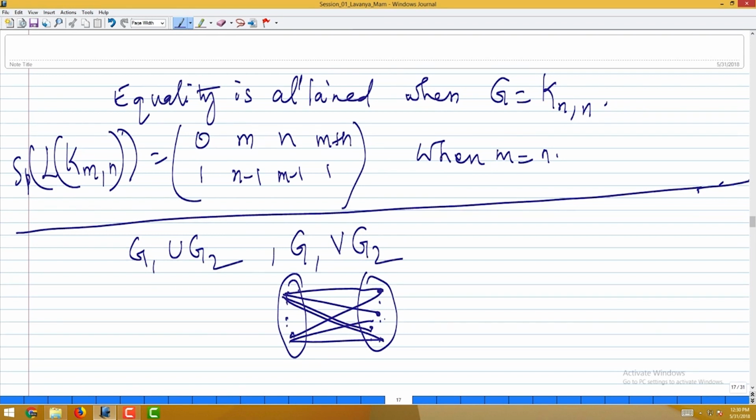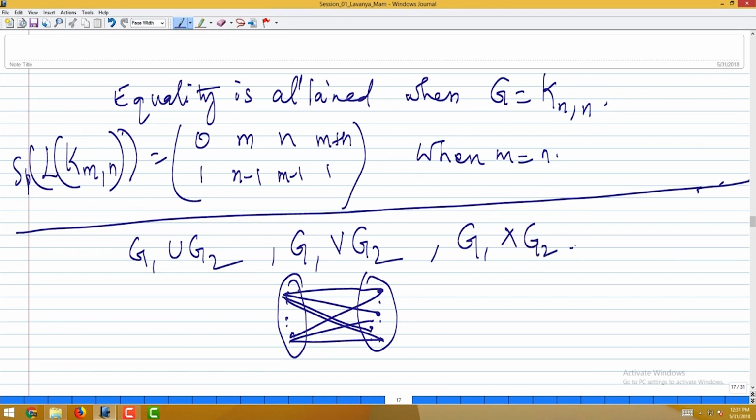So, this is G1 join G2. Any other operation have you seen? Cartesian product, yes. So, G1 cross G2, this also we have seen, the box product.